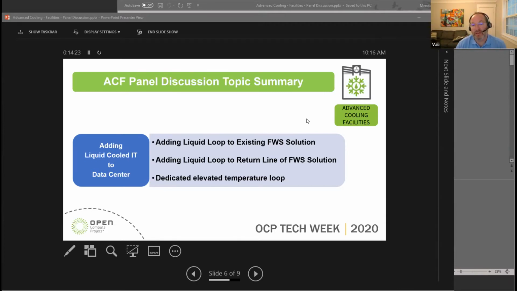And I think we're still trying to find the Goldilocks zone, because when you say high temperature loops, yes, one of the issues is that what you're really trying to do is eliminate the chiller plant.